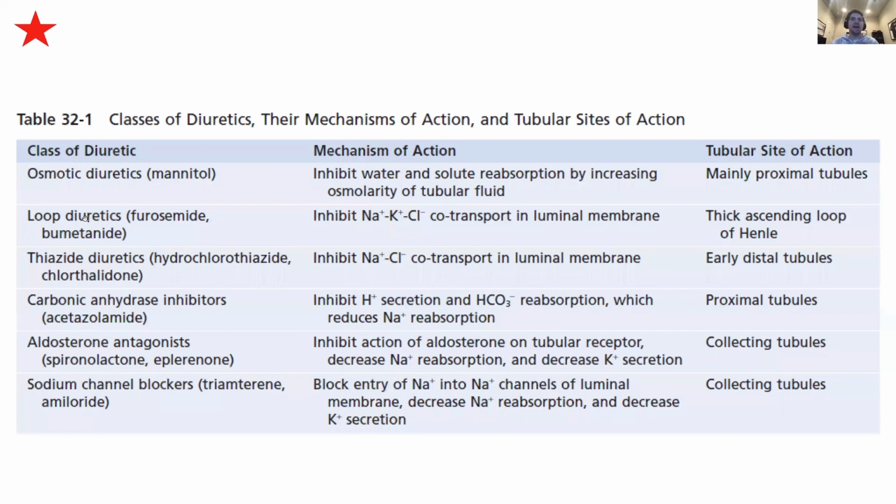Other than that, I think you should be good. The only side effect that you should be aware of is that thiazide diuretics will cause hypercalcemia. They could ask you that. I think I remember a question about that. But other than that, just know where they work. Loops are in the loop, thiazides are in the distal convoluted tubule.